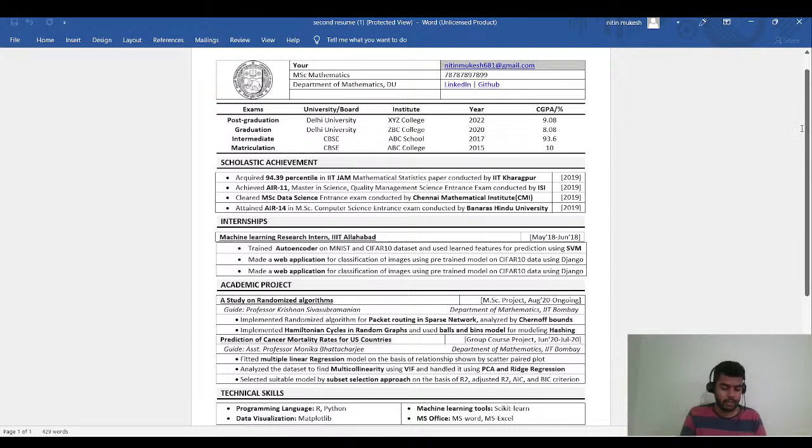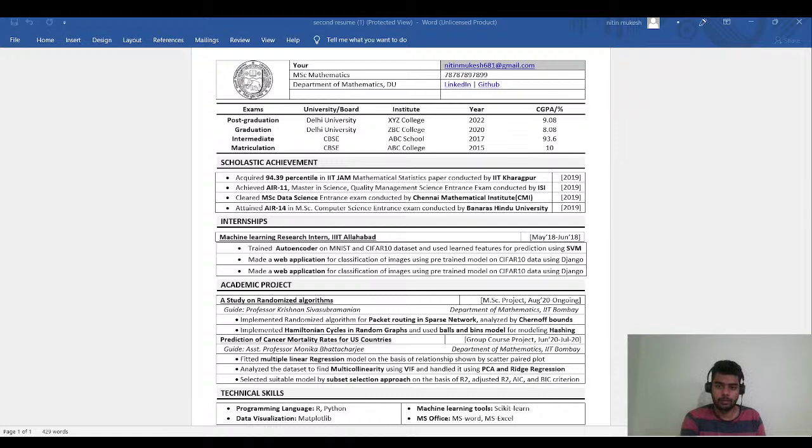I've received a question about the ideal length of a resume for a person with one year of experience. If you are able to make a two-page resume, obviously go for that. But if you're having just a one-page resume, that is also good to go with. It depends on the content that you have. If you don't have enough content for a large resume, don't pick a large one.